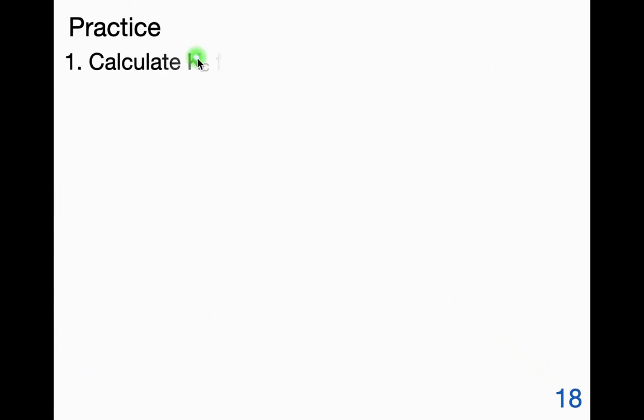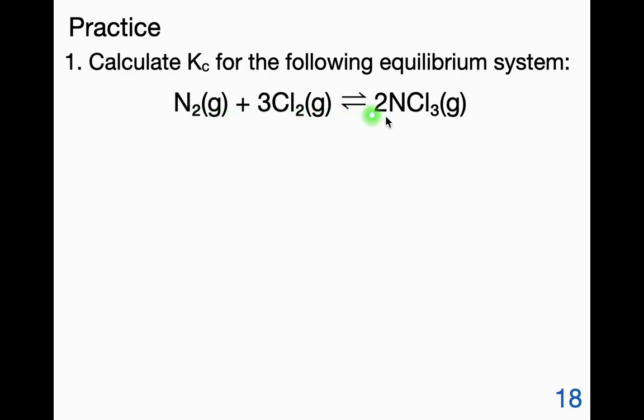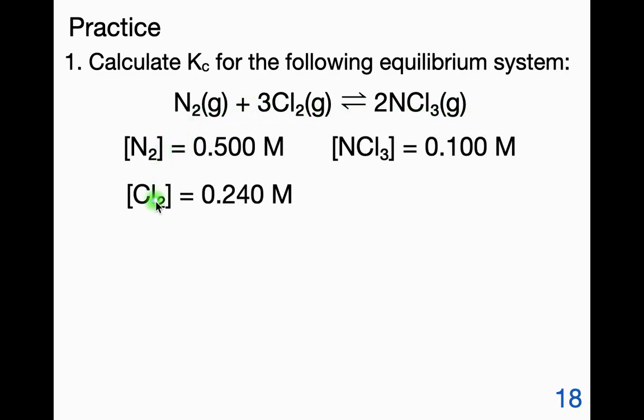Okay, practice. Calculate the equilibrium constant for the following equilibrium system. So this is our equilibrium system, and you're given these as our equilibrium concentrations. So at equilibrium, these are the concentrations that we have. Remember, the brackets are used to mean molar, so moles per liter.